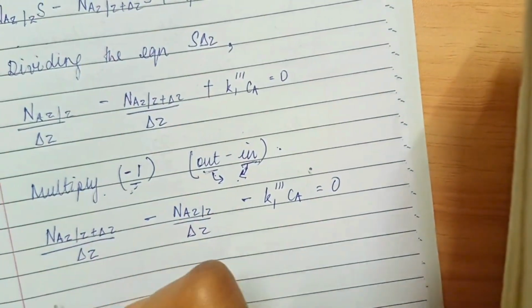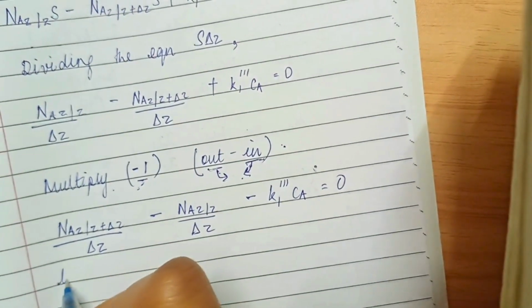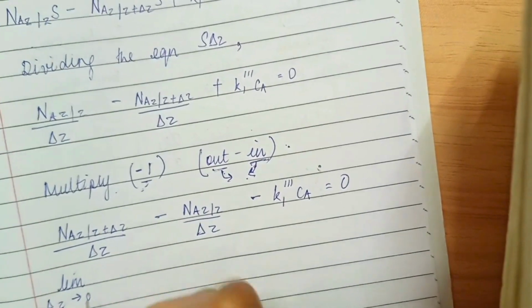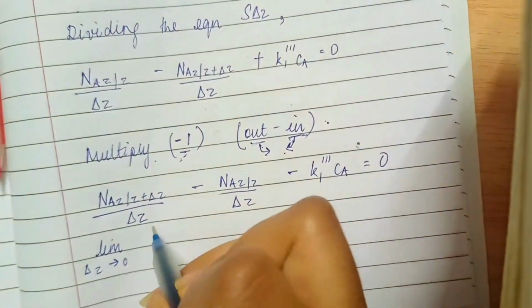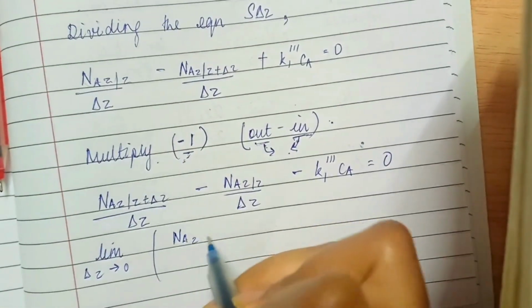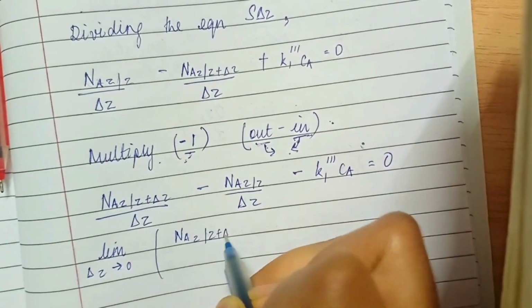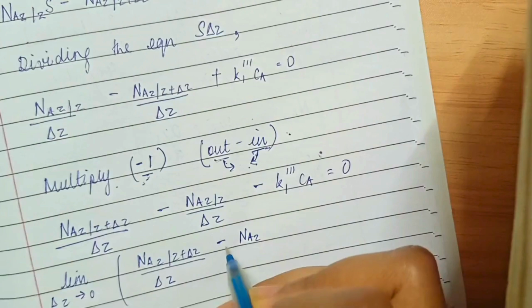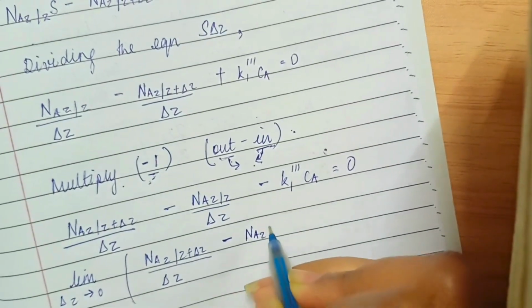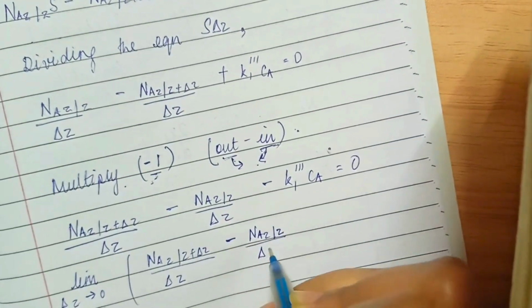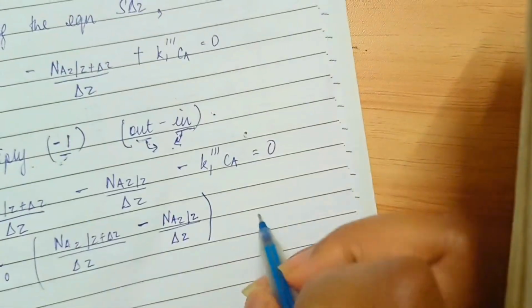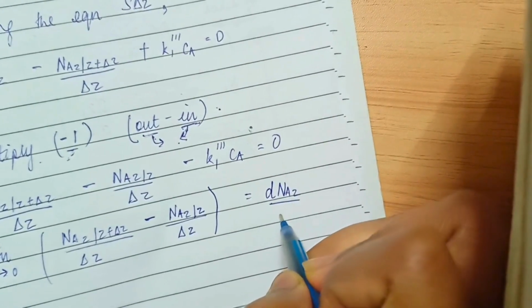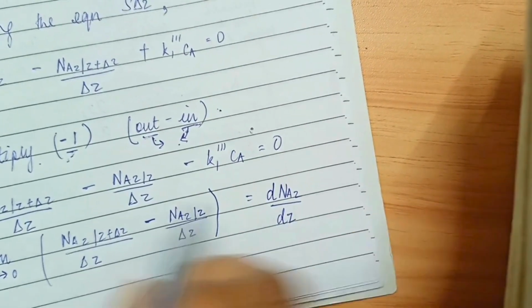Now, taking the limit delta Z tends to 0, NAZ at Z plus delta Z by delta Z minus NAZ at Z by delta Z can be written as dNAZ by dZ.